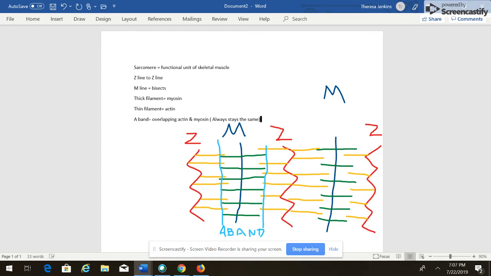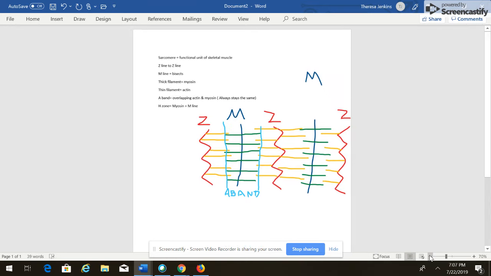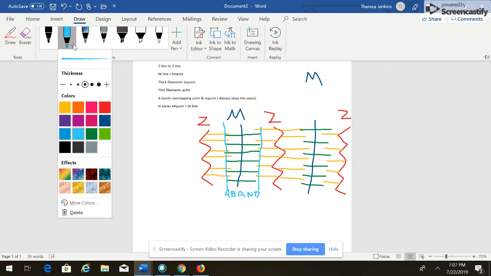Now, within the A band is another little zone called the H zone. The H zone is only going to be myosin plus M line. Let me make this a little smaller so we can see. Now we're going to make the H zone purple.